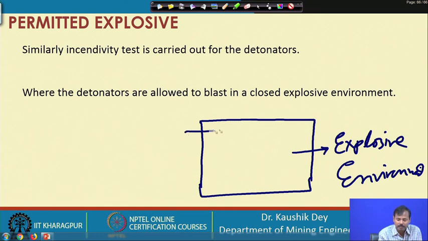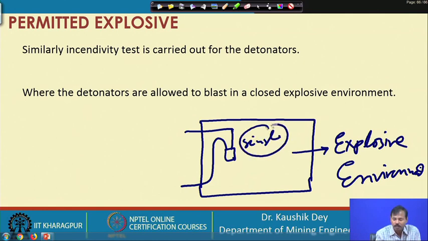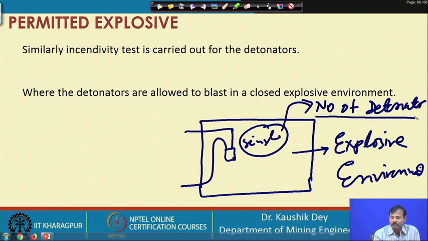Then the detonators are provided, very often not a single detonator. We can change from a single detonator to a number of detonators, either in series connection or in parallel connection.